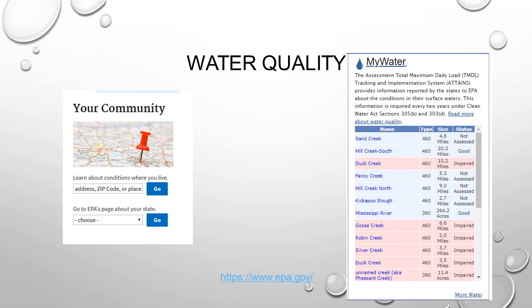The big thing to know about this is that if you look at the list and say, well, are these problems or not, you can see that there's some areas that are impaired. But if you look at the major source, what is the major source for the water in this particular community that I'm looking at? It's the Mississippi River, and that is listed as good.